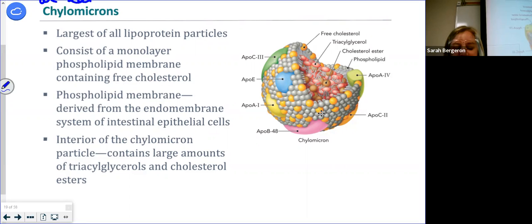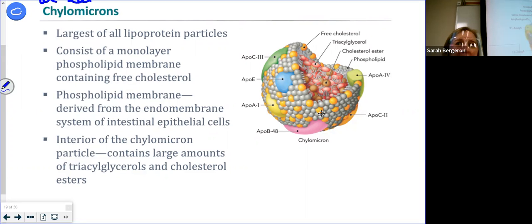We're going to follow the path of these particles next time. Not next time. Next time you have an exam in here. Then a case study. So we'll have part of class, half and half: half lipids and half case study.